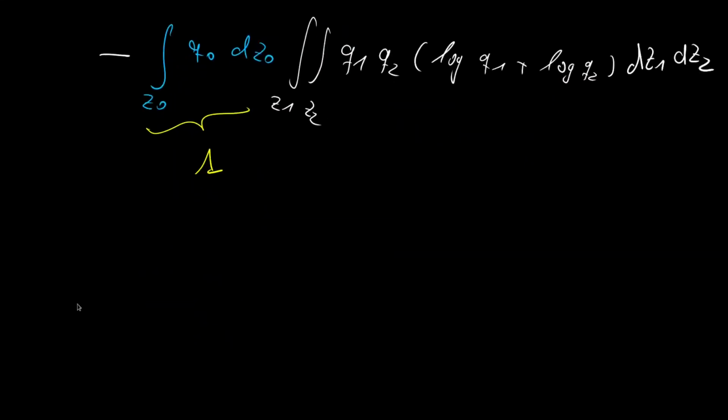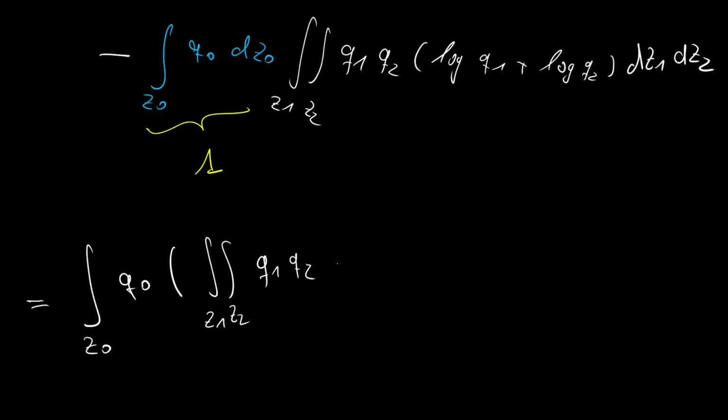Then noting down this last simplification, we have the integral over z0 of q0, then opening brackets of the double integral of z1, z2 of q1, q2 of the logarithm of p dz1, dz2, then closing brackets dz0. And just for your information, of course, you couldn't do this splitting out of the triple integral into the sum of three integrals here because the p depends jointly on all the three latent variables in our latent vector.